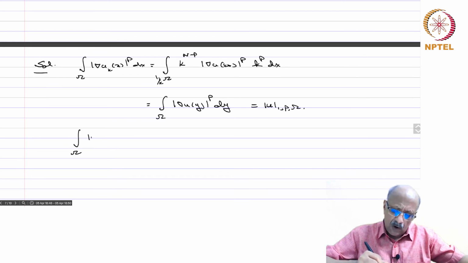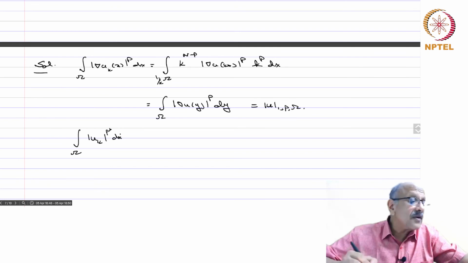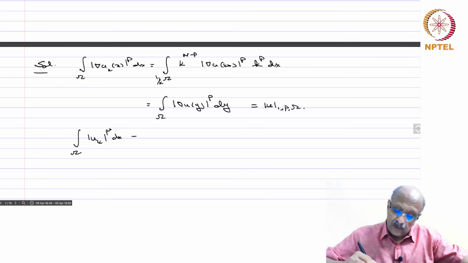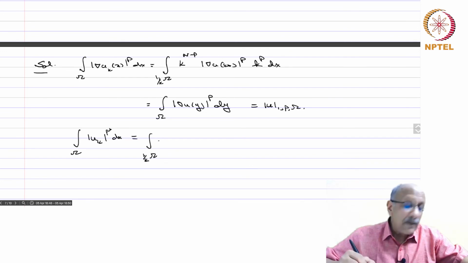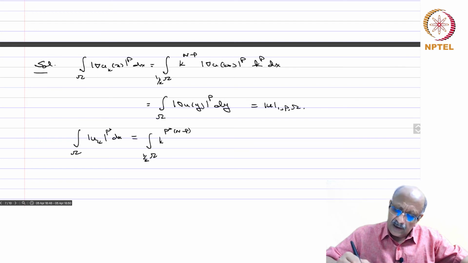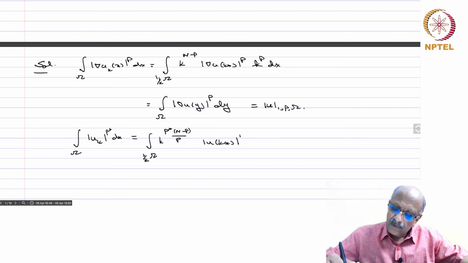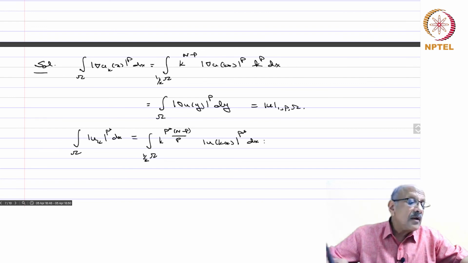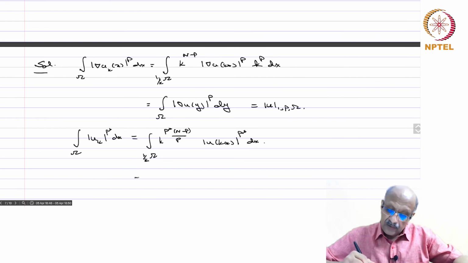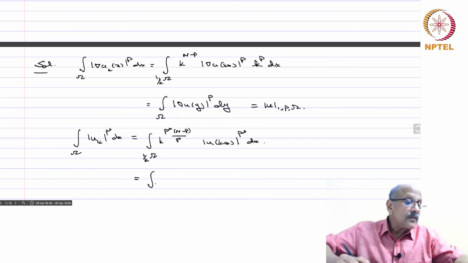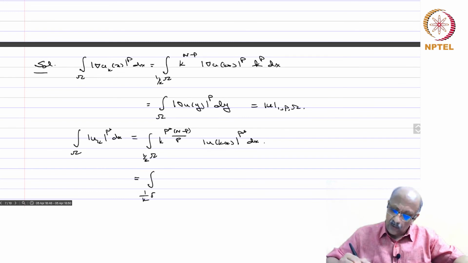The integral on omega of mod u_k to the power p* dx will be equal to the integral over (1/k) omega of k^{p* (n-p)/p} mod u of kx to the power p* dx.